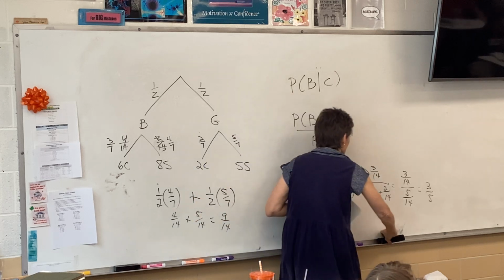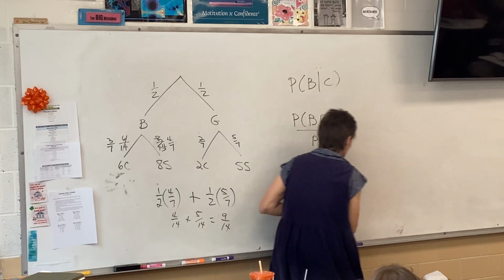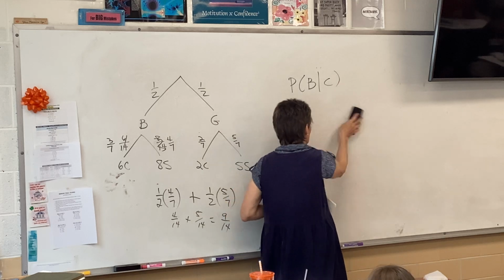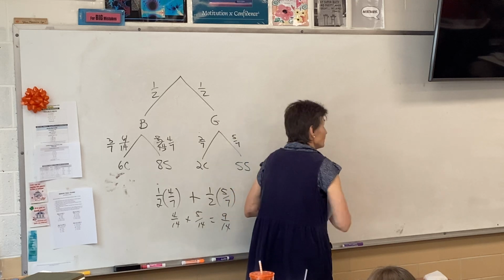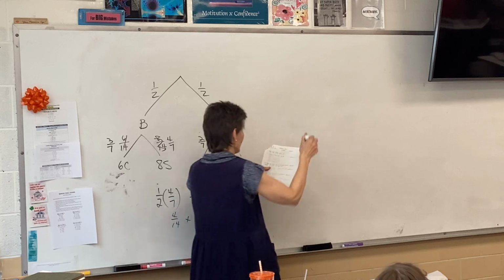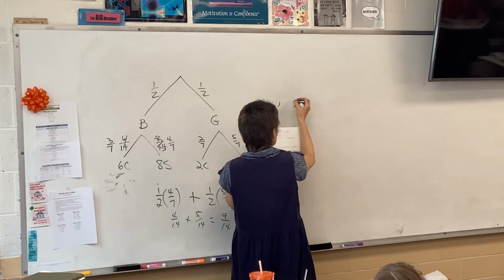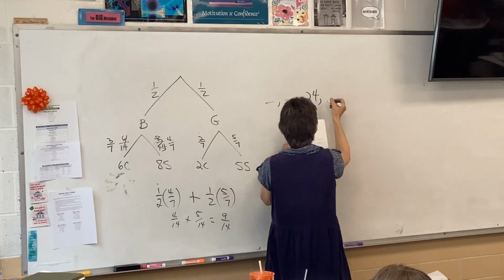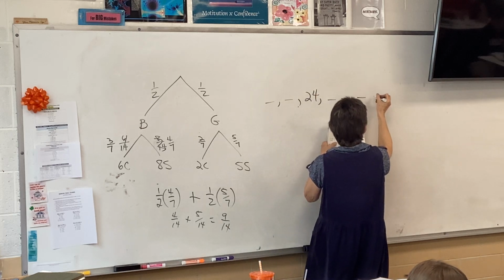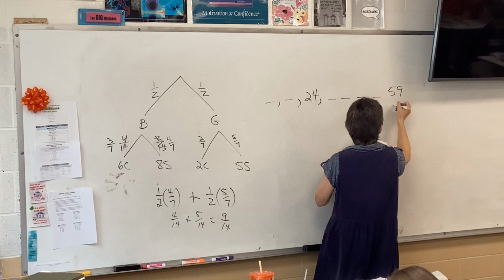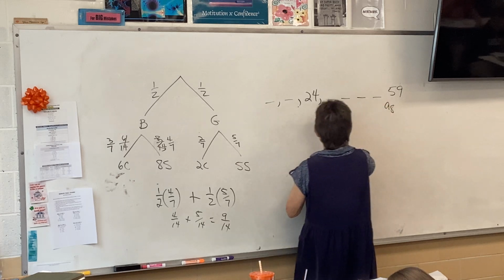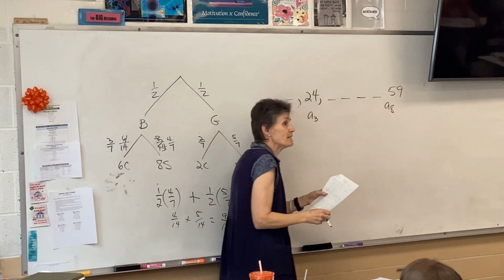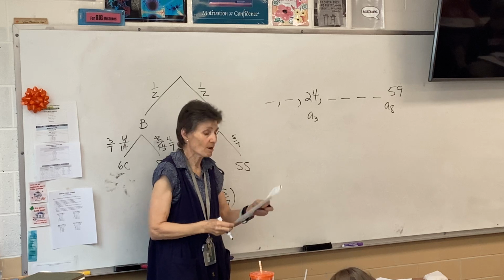So this is a situation, please, we've got 2 minutes on this problem, you can do it. The third term is 24, and the eighth term is 59. And we know it's arithmetic.